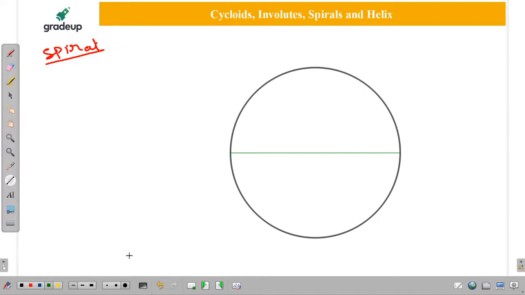Now let us consider the various positions of this particular rotating line.